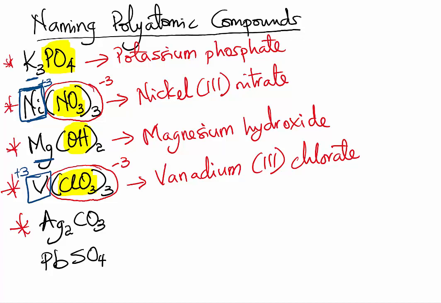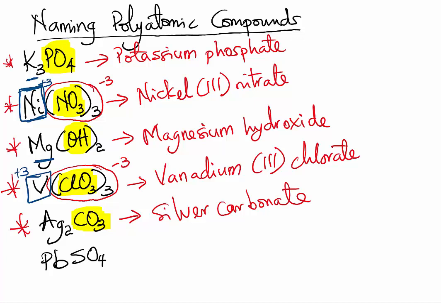We would not need to place its charge in front of the name of the metal. So, this compound will simply have a name of silver carbonate. The polyatomic ion here is carbonate. Let us take a look at the last one on this list.